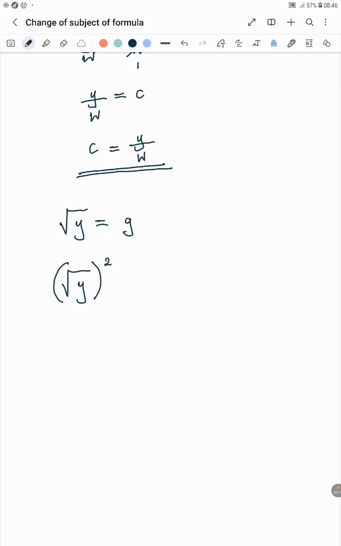So if you do this to the left hand side, you have to do the same to the right hand side, which means both sides are supposed to be squared. So here this process is going to remove the square root sign, and your answer is going to be y is equal to g squared.